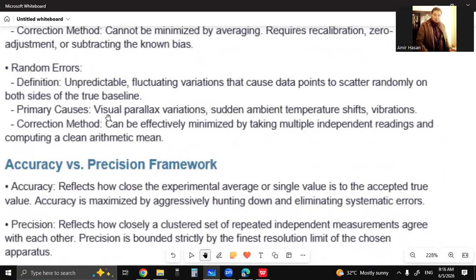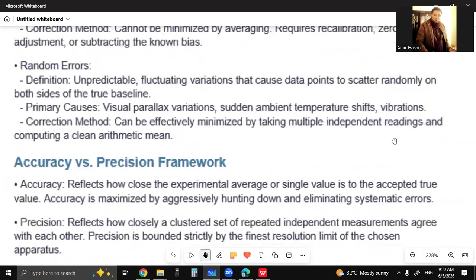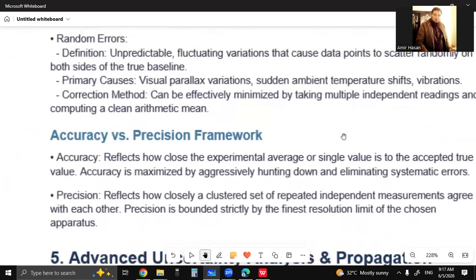Primary causes: visual parallax variation, sudden ambient temperature shift. All these are involved, due to which a random error is formed. Correction method: it can be effectively minimized by taking multiple independent readings. When we take multiple readings, we can minimize this error and go towards accuracy.